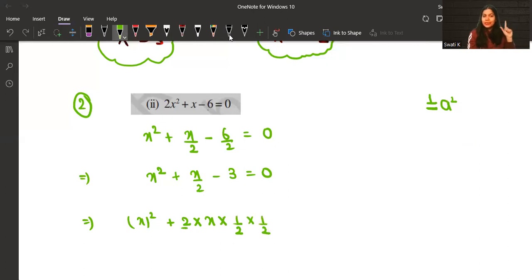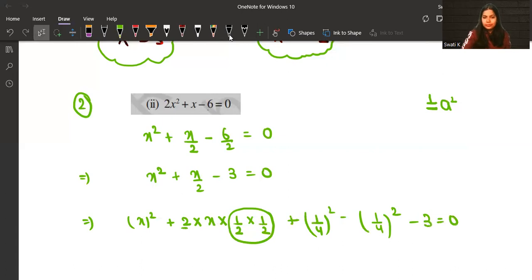Now it is balanced. Also, you can notice that if you solve this part, this 2 and this 2 will get cancelled, so you're ultimately getting x by 2 only. Now, because you can see 2 into a into b, what is b here? b is 1 upon 4. So I'm going to add 1 upon 4 square, and I'm going to subtract 1 upon 4 square. Minus 3 equals 0. Let's move ahead.